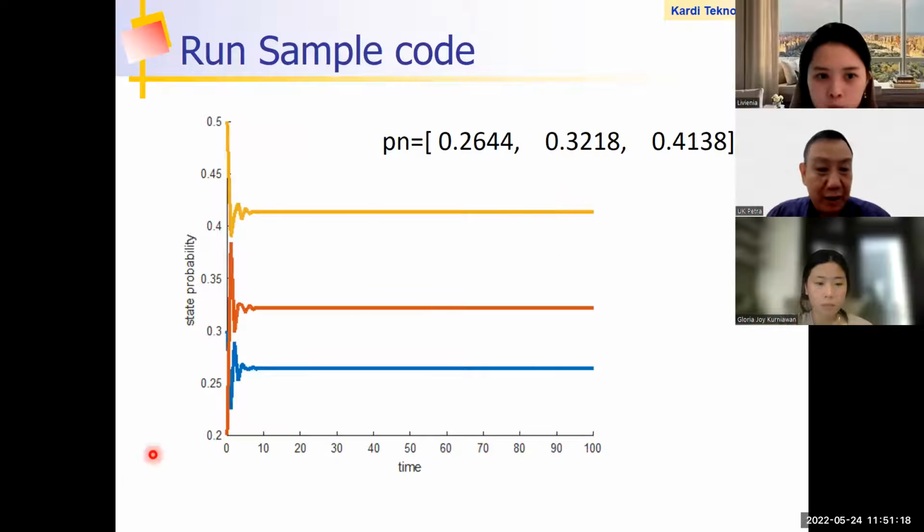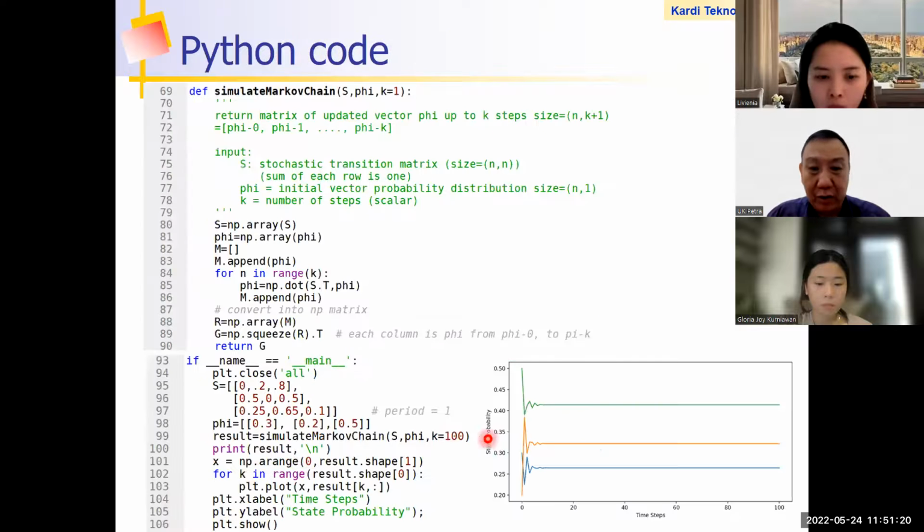Run this first so that I can discuss the stationary distribution later. I want to get the long-term behavior. This is the long-term behavior, right? This is what we want to get in the long term.